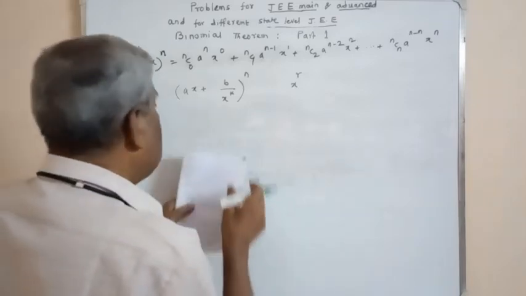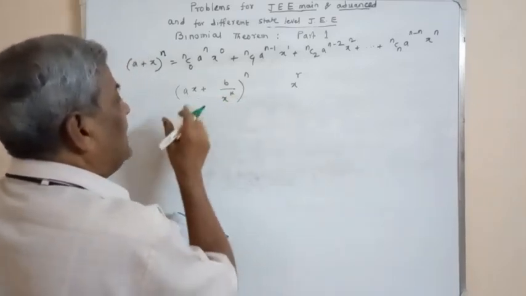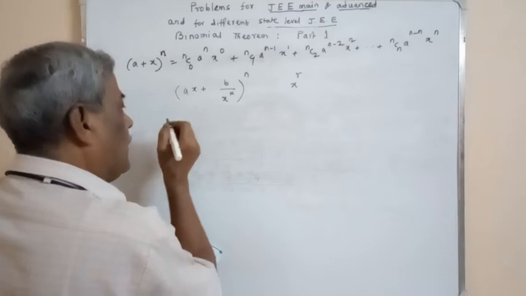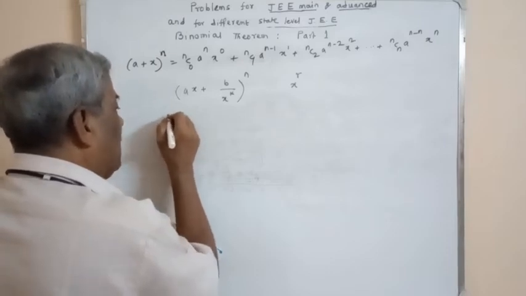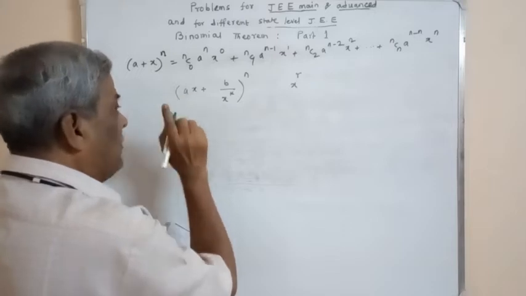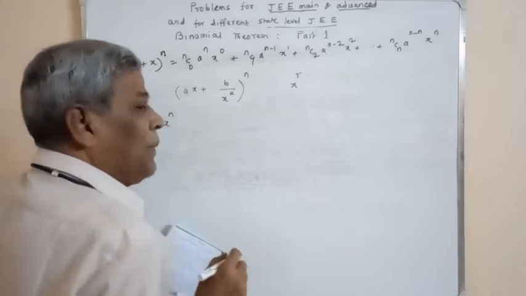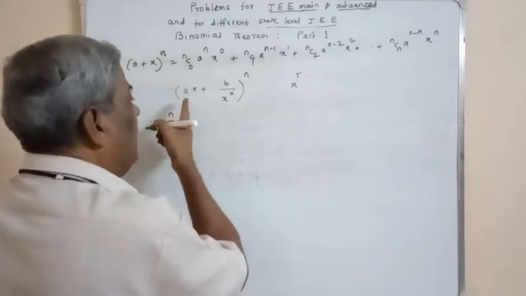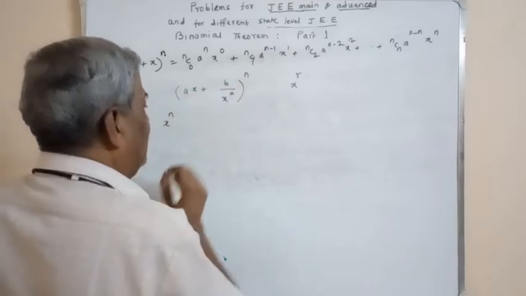In that expansion, the first term contains x to the power n. Accepting a is constant, I am calculating only the power of x. It will be x to the power n.